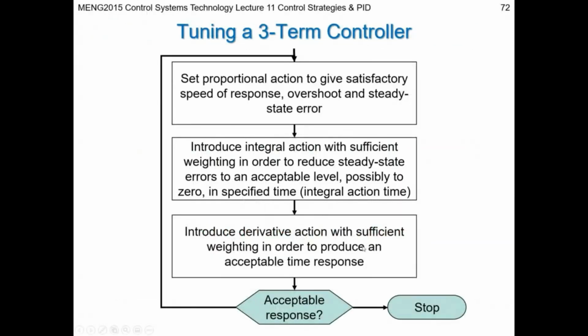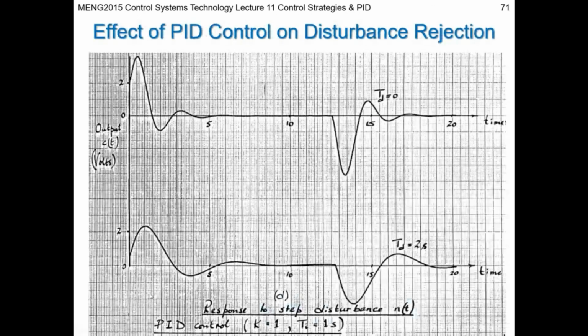And then after that, we can start to increment that derivative action to get an acceptable overall time response, which is what we did here. So we edged up our derivative action until we got a response that we were more happy with. So that's a general process.